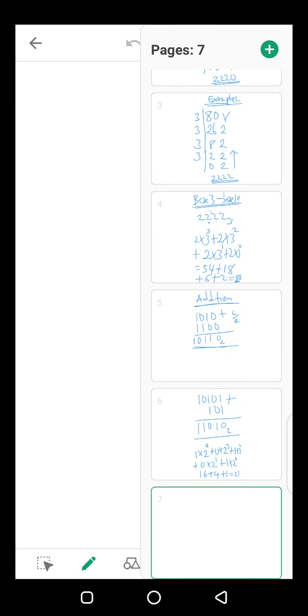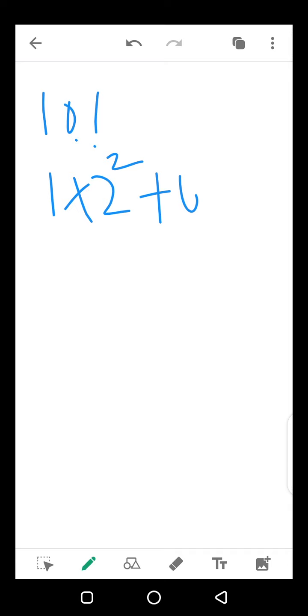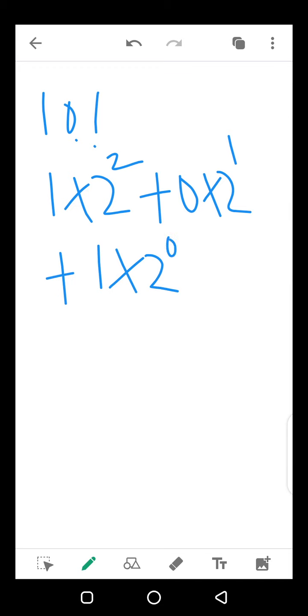Then 101. We convert it from base 2 back to base 10. Then we have 1 times 2 raised to power 2 plus 0 times 2 raised to power 1 plus 1 times 2 raised to power 0.